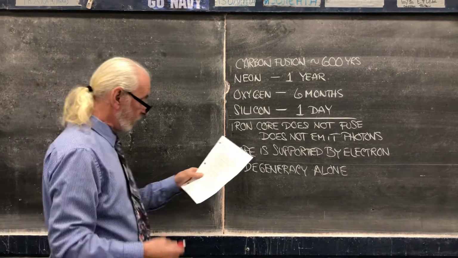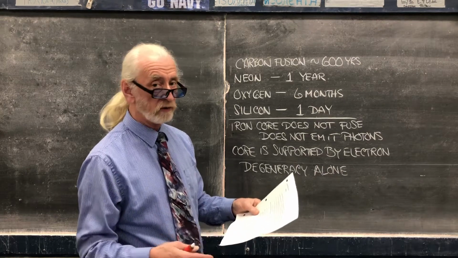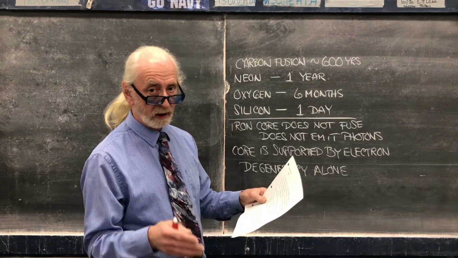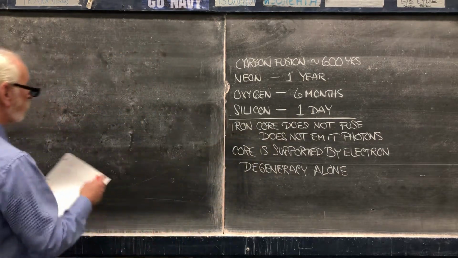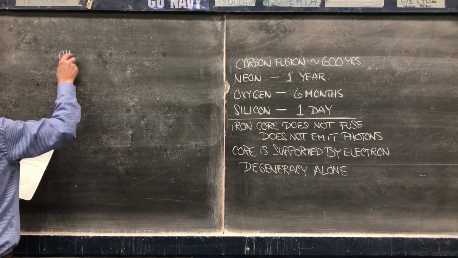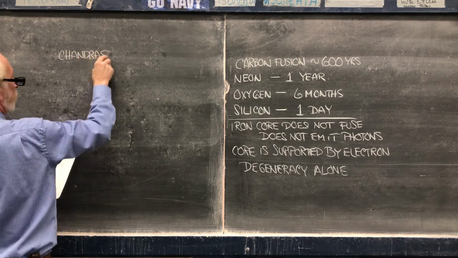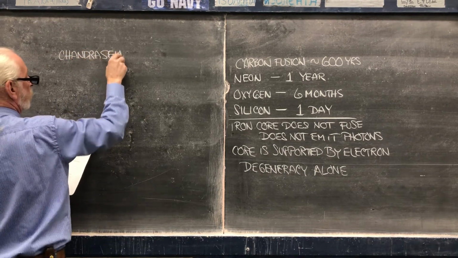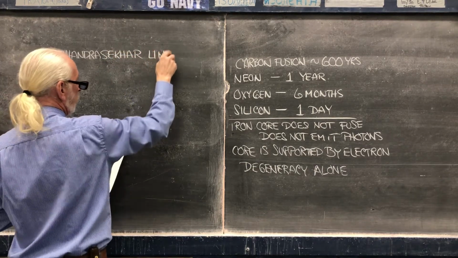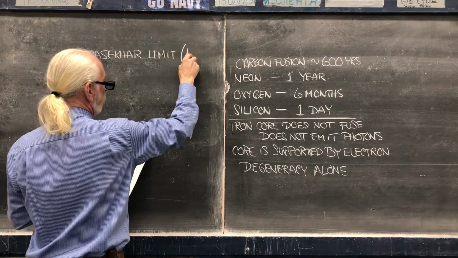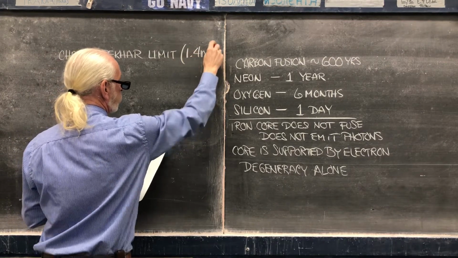And as the iron deposition continues, that is to say, silicon continues to fuse and deposit iron on this core, it reaches the Chandrasekhar limit. 1.4 solar masses.